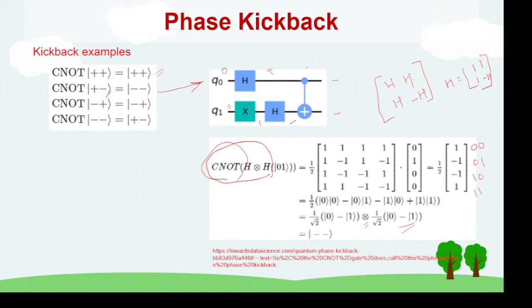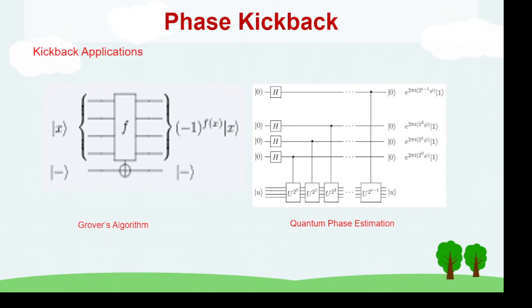Okay, now let's see some applications of phase kickback. The first one is Grover's algorithm, wherein we will have a superposition of all possible combinations or all possible states using the given number of qubits. Suppose we have n qubits, it's possible to have 2 to the power of n possible states here, correct?